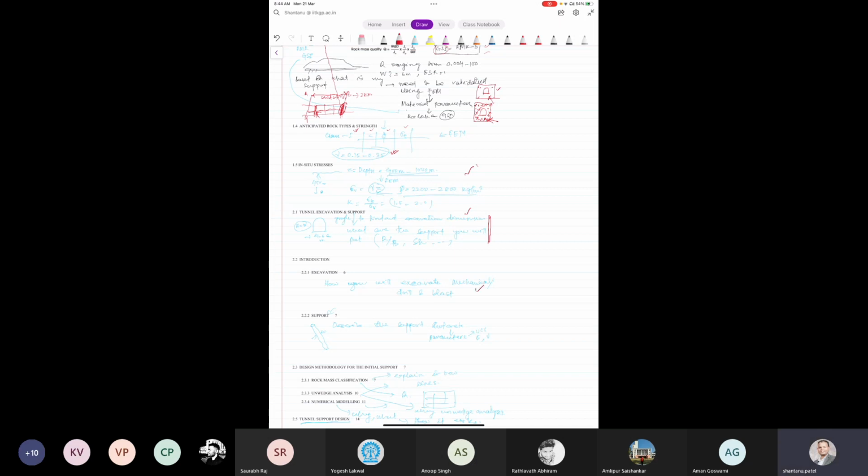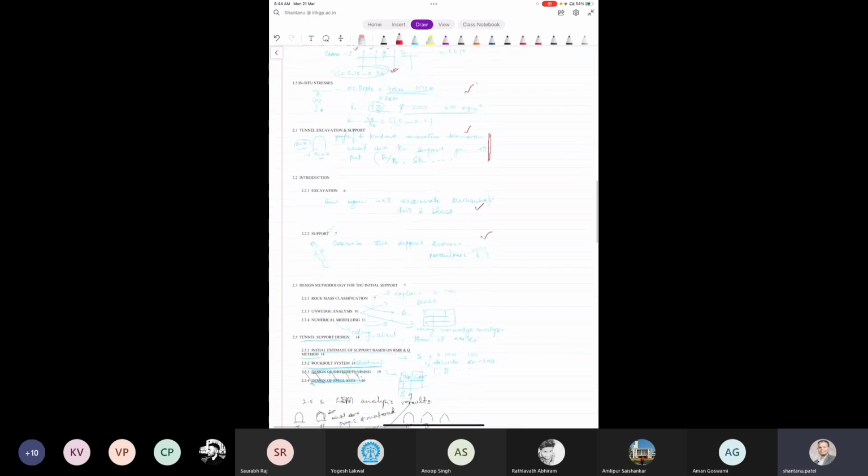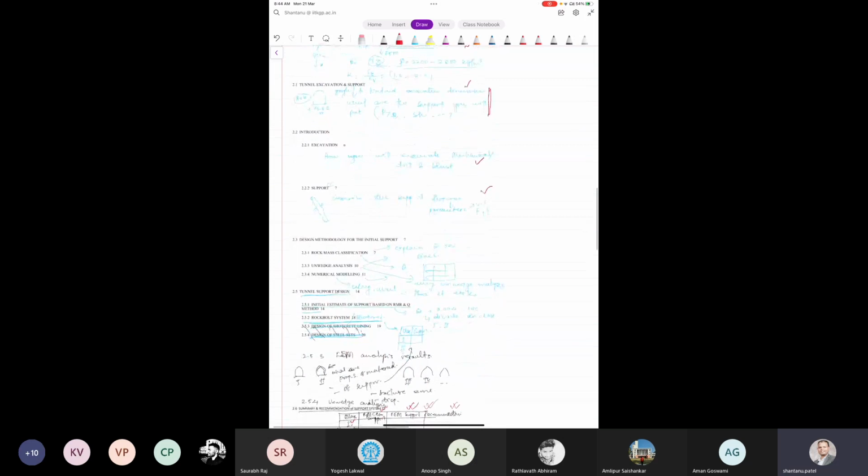Then the support system: what support system are you going to provide? For our case, maybe it is the rock bolt and shotcrete. So explain a few lines about this shotcrete, how it works and what it is, those kinds of things.